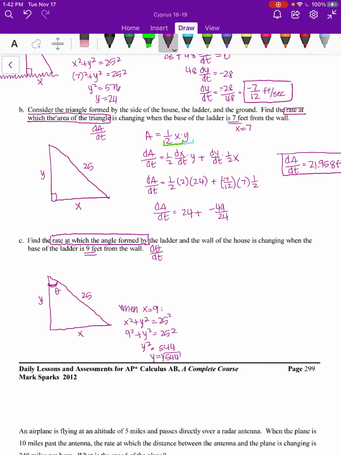Pretty much this boils down to our trig identities, SOHCAHTOA. So I'm going to use sine theta. What's the relationship for sine of theta? Well, sine is opposite over hypotenuse, so that's x over 25, which is the same as 1/25 x.